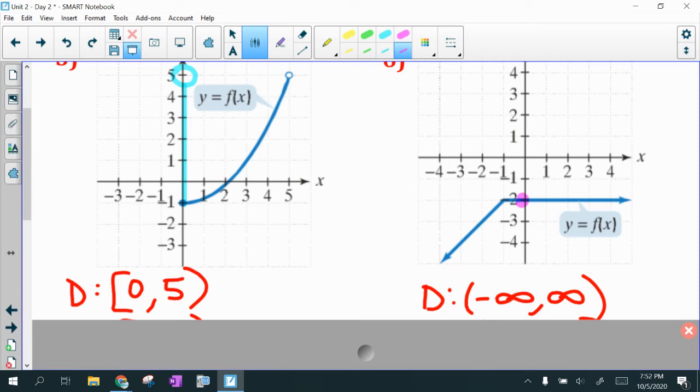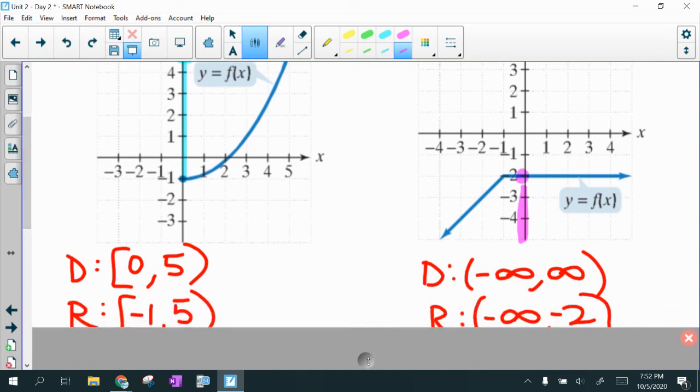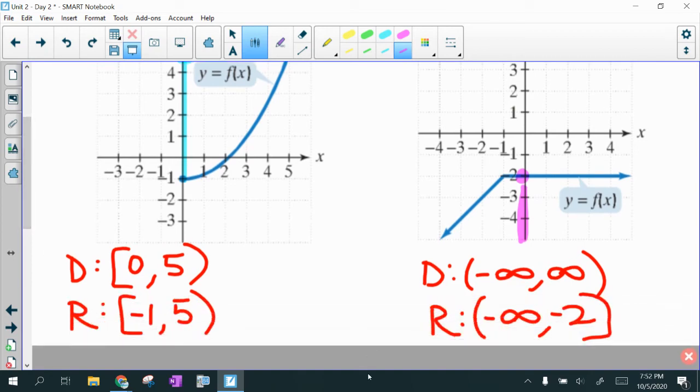And what does it do past that? Well, it ends up going down. Now remember, we're going to start with the lowest y-coordinate and then go up from there. So in this case, my graph is going to go from -infinity up to -2. Once again, noticing that I do have a bracket here because it includes that point.